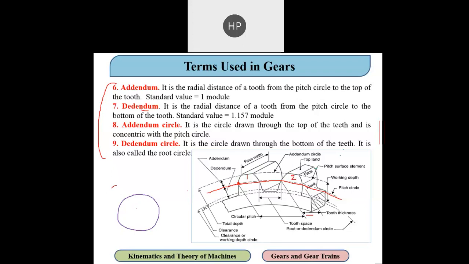If we consider one point on tooth 1 and the same point on tooth 2, and I measure this distance, that distance is known as the tooth space.